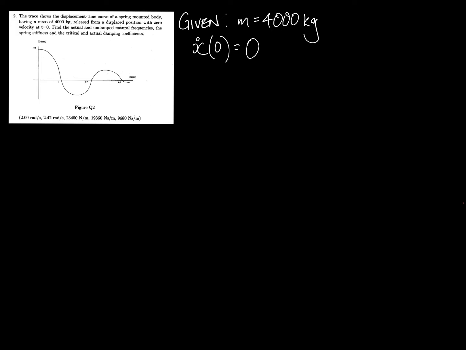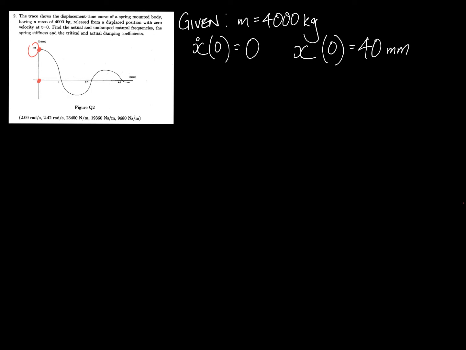There is also another initial condition which we can find from the graph, right? So when time is equals to 0, its displacement is 40 mm, right? So again, we can represent this with displacement, which is x. At time equals to 0, we have 40 mm.